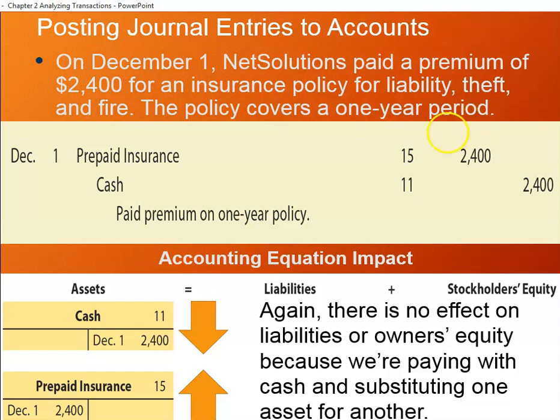And so we outlay the cash here, $2,400. We get a prepaid asset. Now this asset is going to go down by $200 each month that we have it. Accounting equation impact, there is no impact because we've simply swapped out cash for prepaid insurance. We'll actually expense this as each month passes.